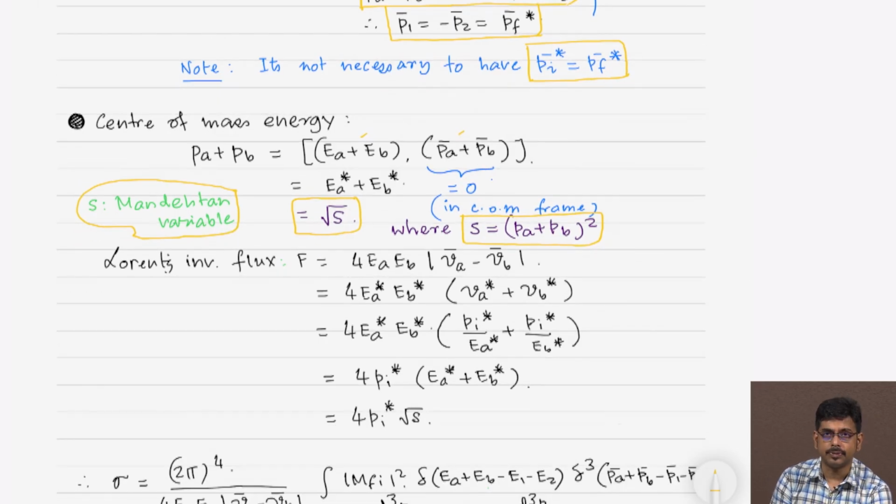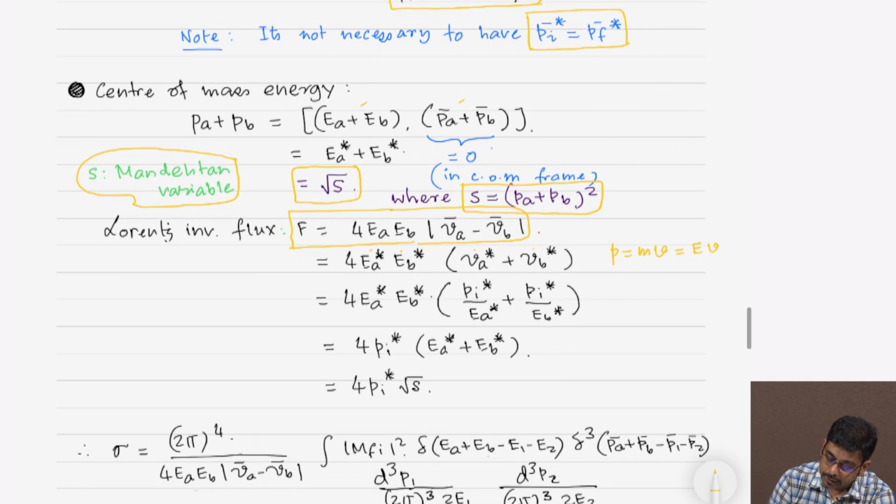Now, let us look into the Lorentz flux F in the center of mass frame. From our definition, this is 4 Ea Eb into mod of Va minus Vb, correct. So, in the center of mass frame, we can write this as 4 Ea star Eb star into (Va star plus Vb star). Now, you remember that P is equal to mv. In the h-bar equal to c equal to 1 unit, m has a unit of E, so you can write P is equal to EV.